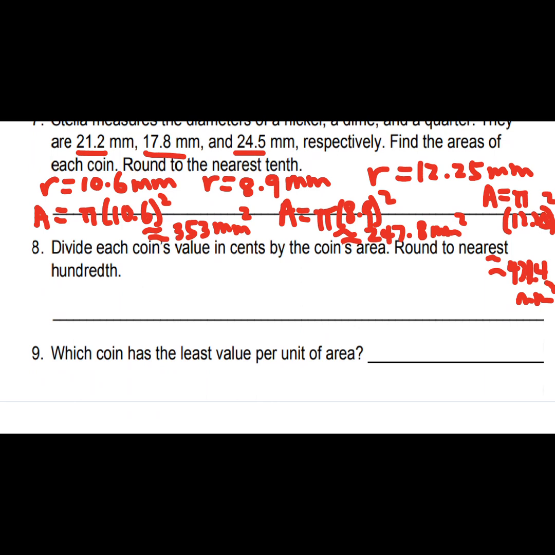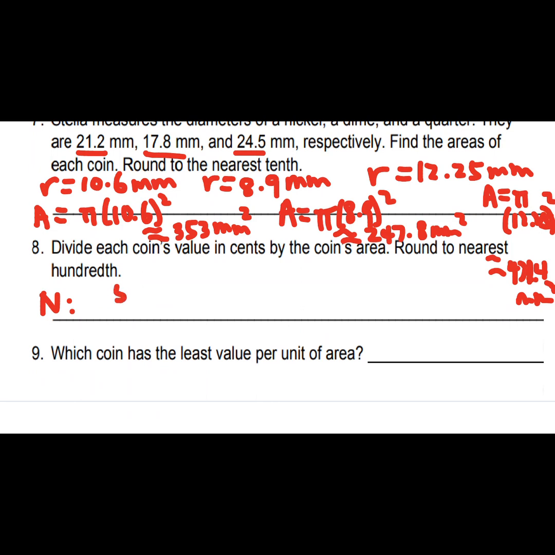Number 9, divide each coin's value in cents by the coin's area, round to the nearest hundredth. So for the first one, the nickel, we're going to take the area, 353, divided by, actually the other way around.